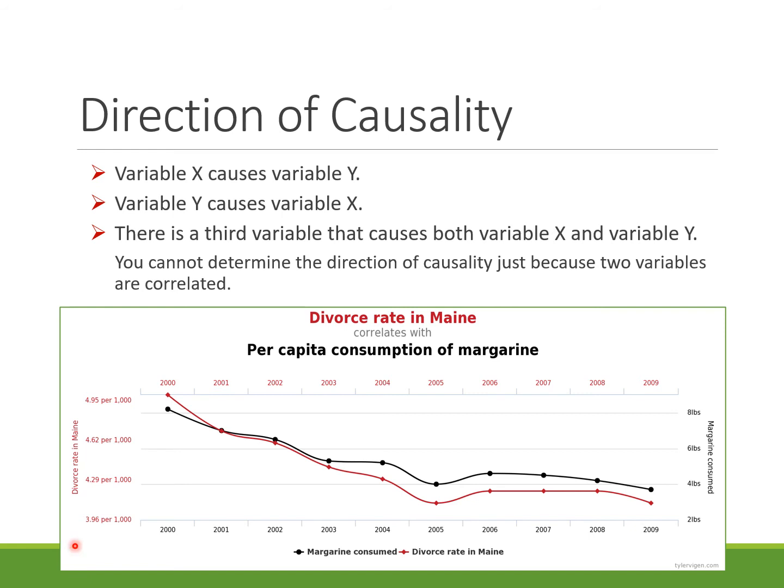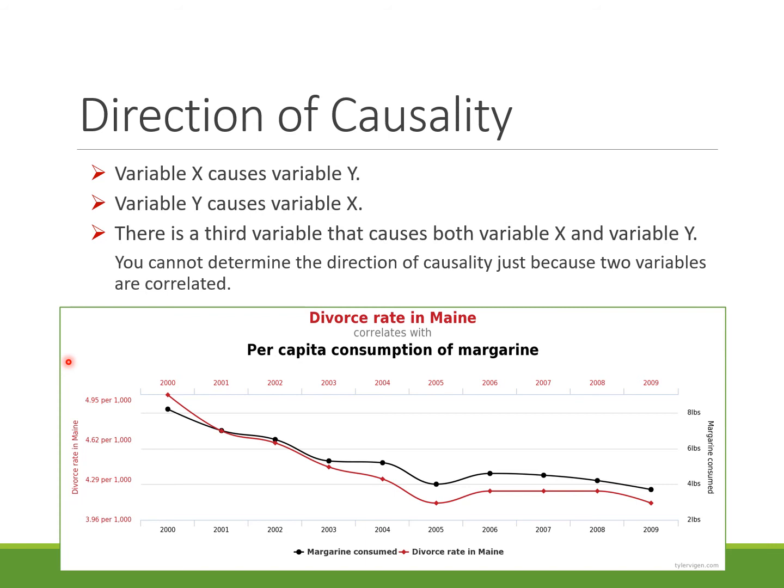So I found this website. I'll post it in our class, and I've posted it in our discussion board for Unit 2. This is an example of what we call a spurious correlation, which is a fake correlation. These two items are strongly correlated with each other, okay? The divorce rate in Maine and the per capita consumption of margarine, okay?